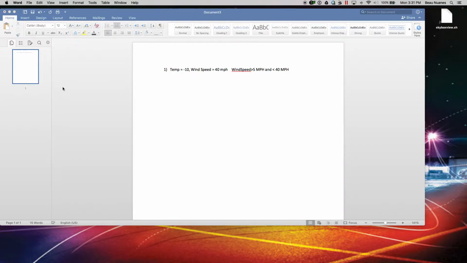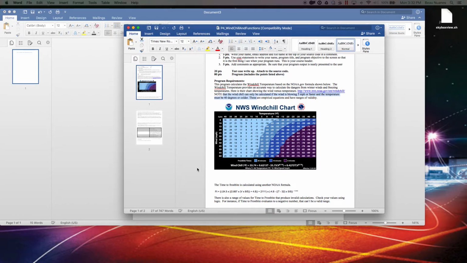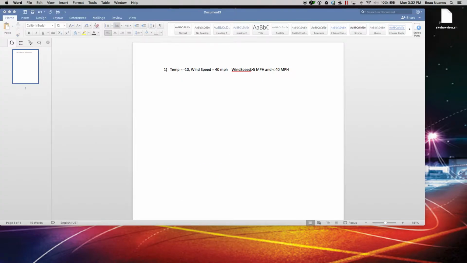Now, using our wind chill equation for degrees Fahrenheit, we're going to calculate the wind chill.